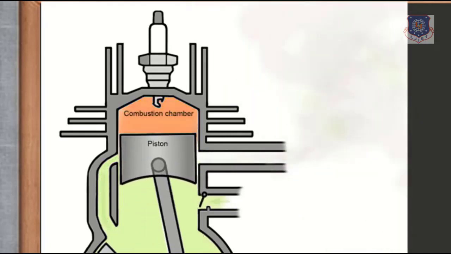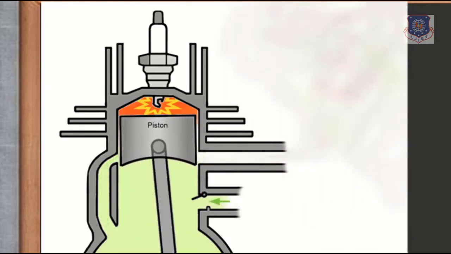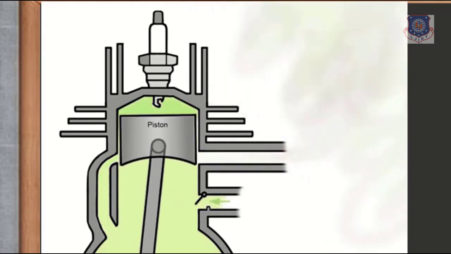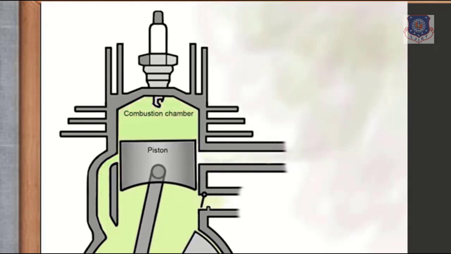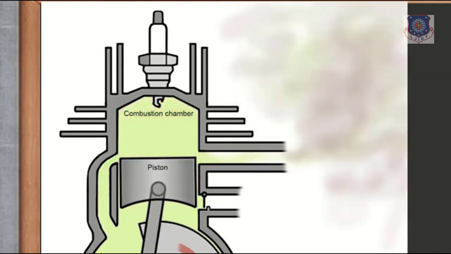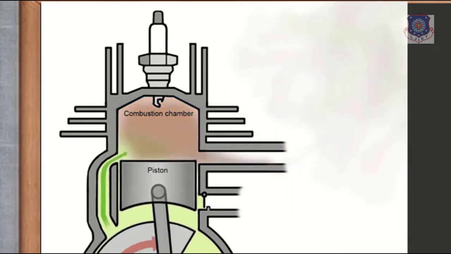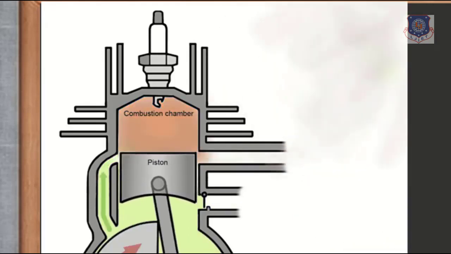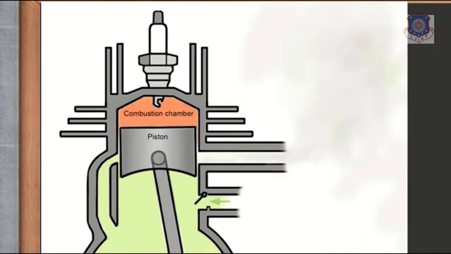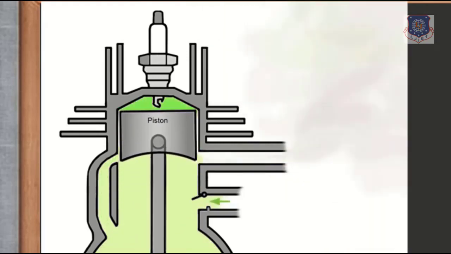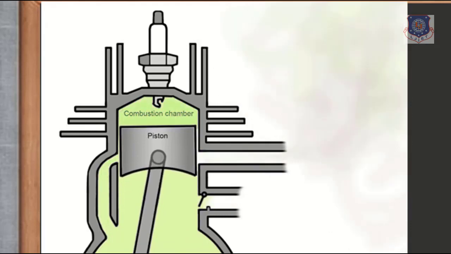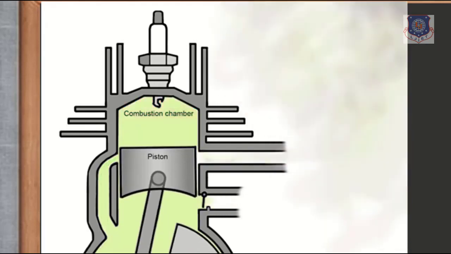Fine. So in the expansion stroke, two processes are done. First we are getting power, and second we are getting exhaust. So just keep in mind these two processes which we were doing separately, first power, then exhaust, in 4 strokes. But both of these processes are done here in a single stroke.